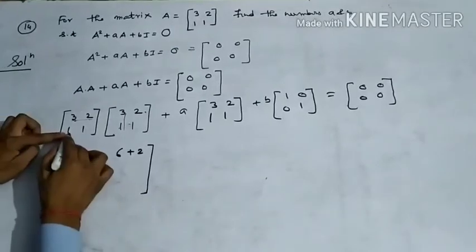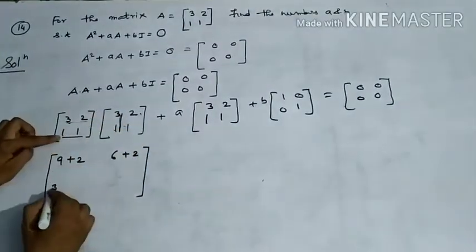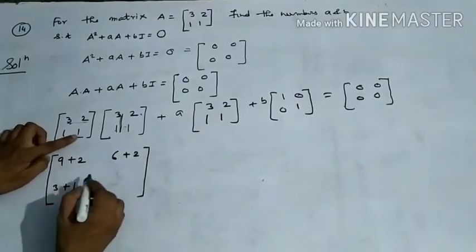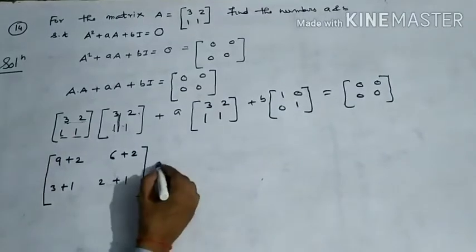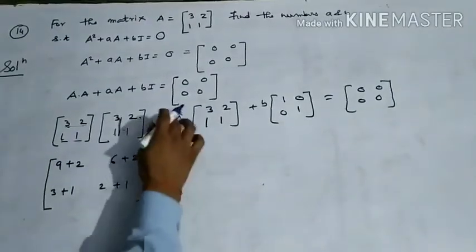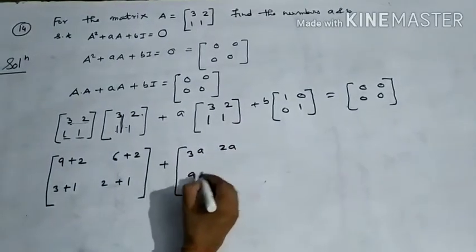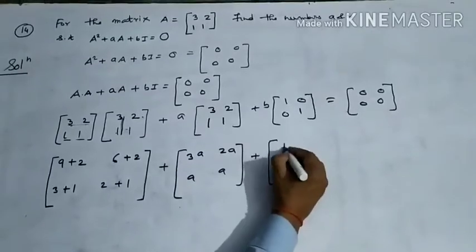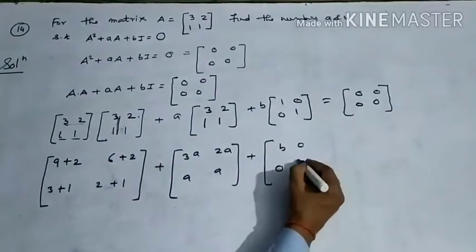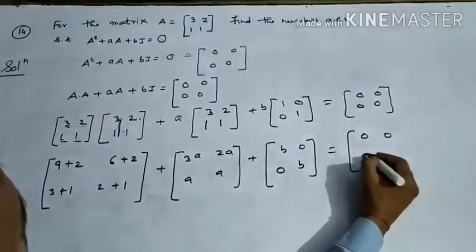Then take the second row and first column: 1 into 3 means 3, and 1 into 1 means 1. Then 1 into 2 means 2, and 1 into 1 means 1. And plus a, you have to multiply inside, so this is 3a, here 2a, a, and a. And on this side you have to multiply by b, so b 0 0 b, and here 0 0 0 0.